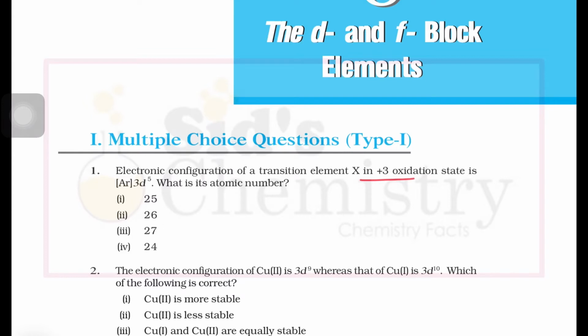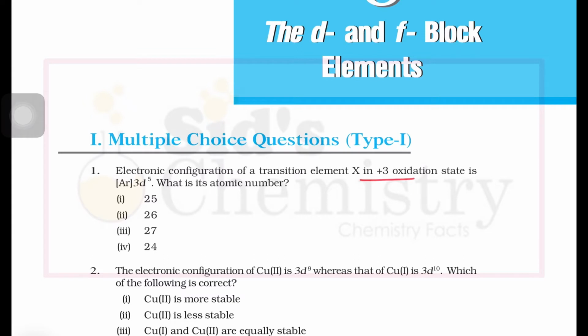Now, if 3 electrons are removed, then we have to consider every option by adding the 3 electrons and finding out the correct atomic number. If we see [Ar]3d5 and 3 electrons are added, it will become [Ar]3d6 4s2.